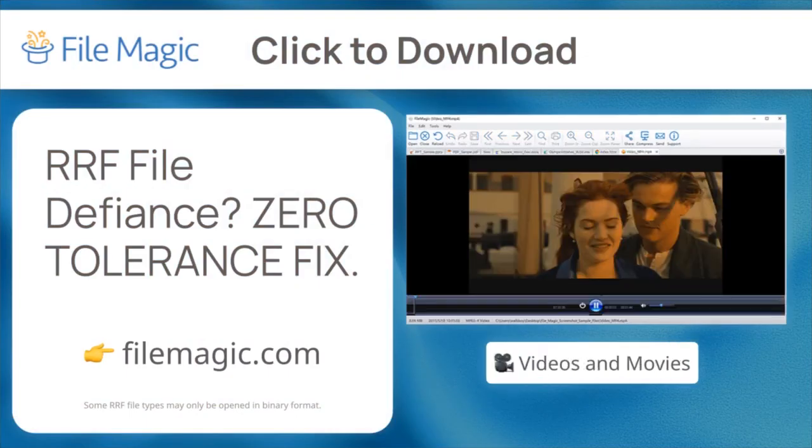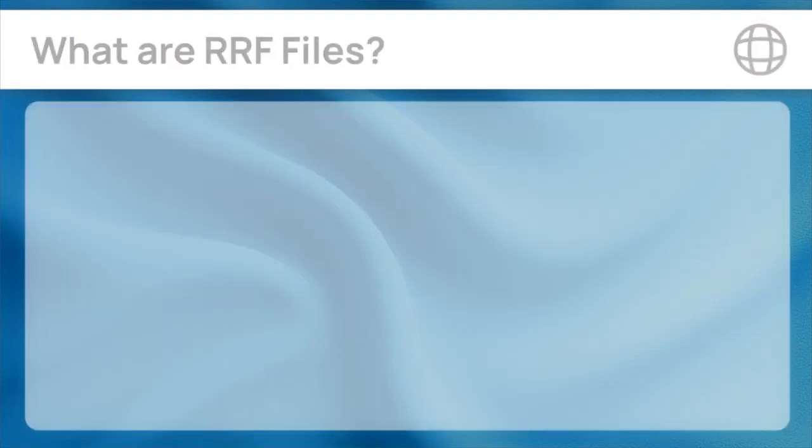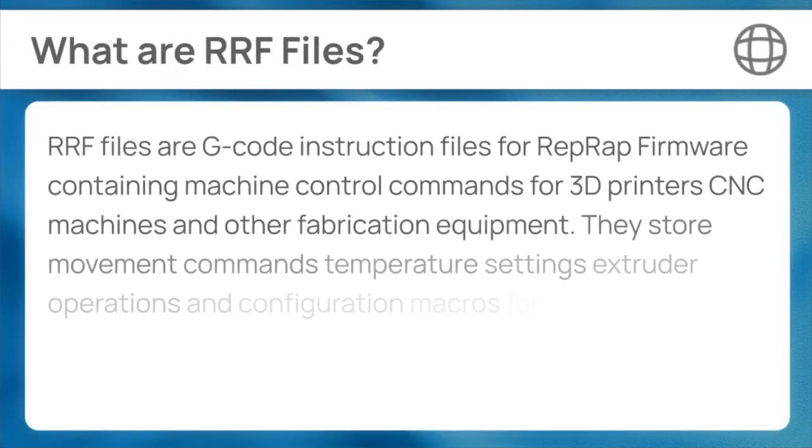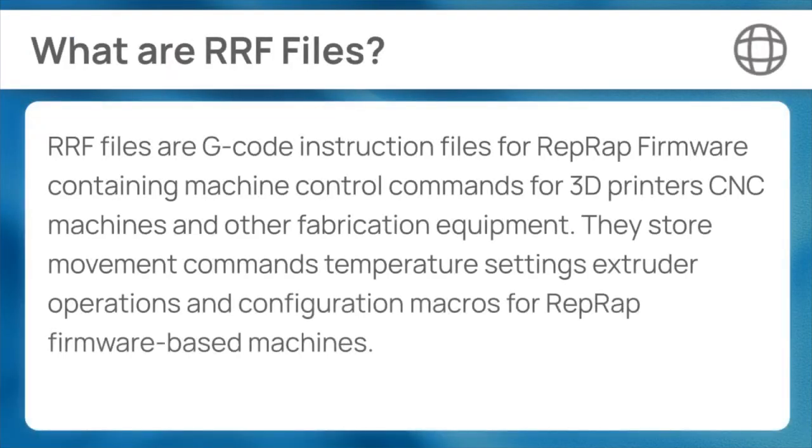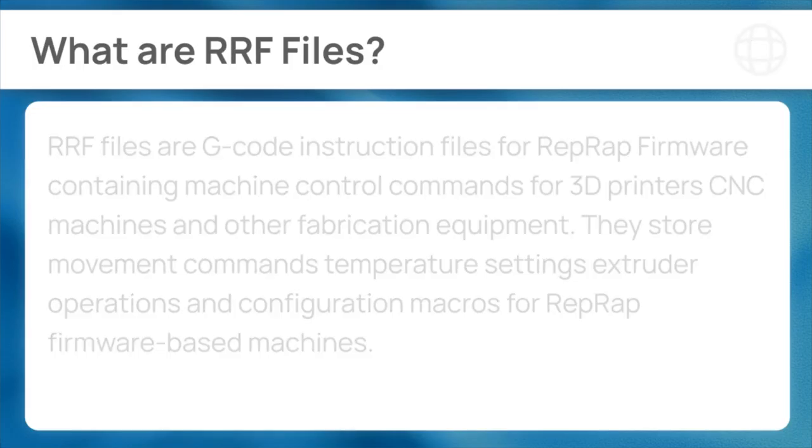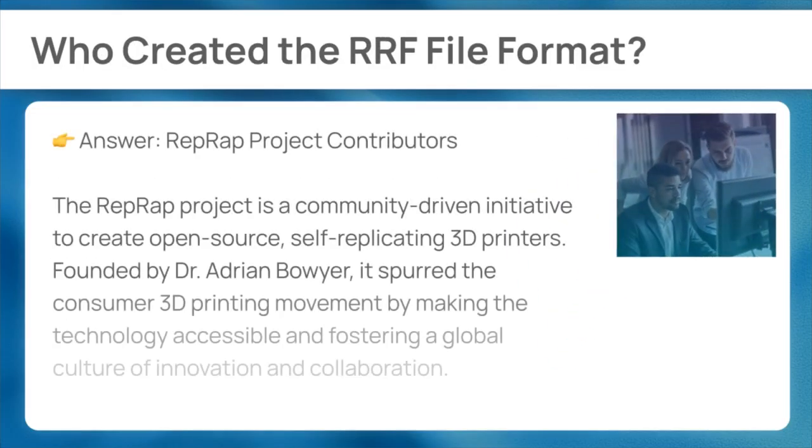First, the simple methods. RRF files are G-code instruction files for RepRap firmware containing machine control commands for 3D printers, CNC machines, and other fabrication equipment. They store movement commands, temperature settings, extruder operations, and configuration macros for RepRap firmware-based machines.